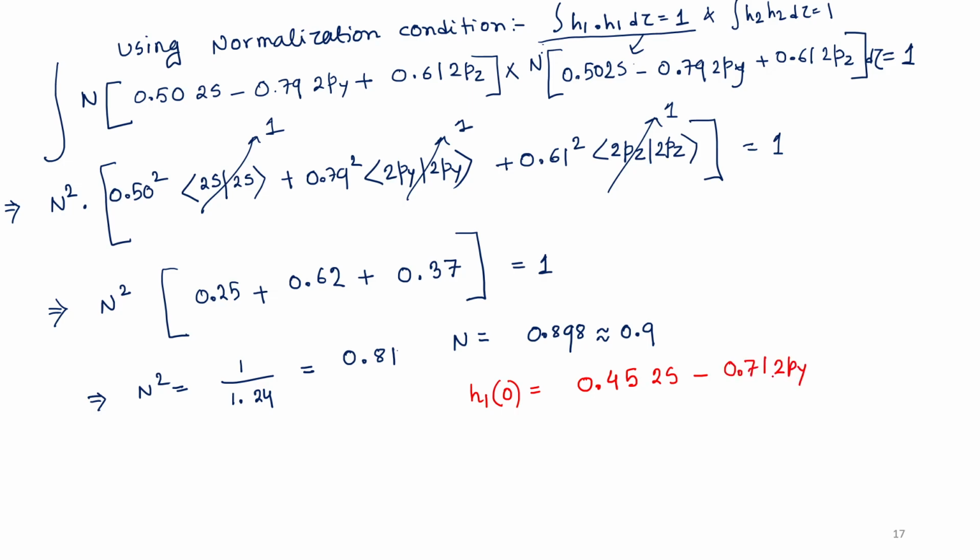So I am multiplying n with my 0.5, 0.79 and all. This is my h1, and h2 would be just the signs will be different.